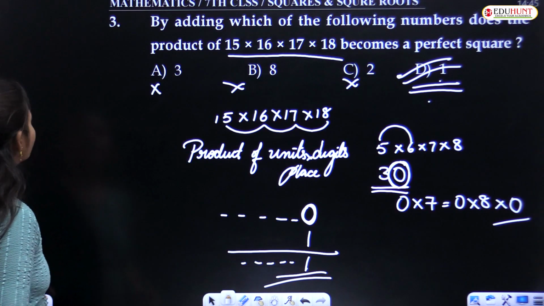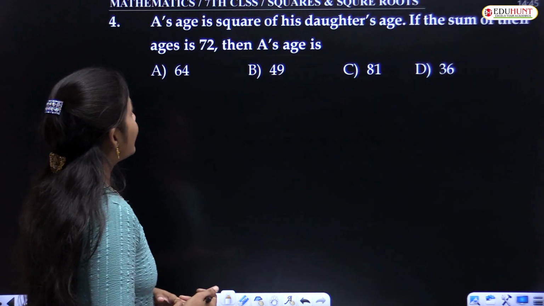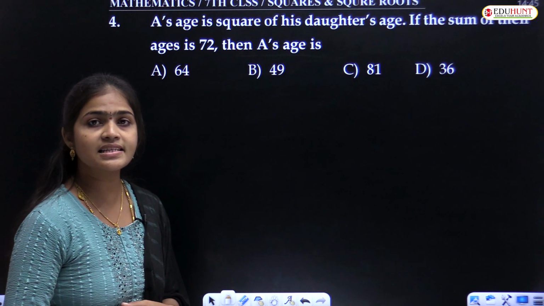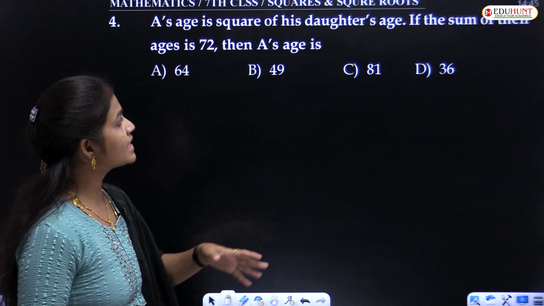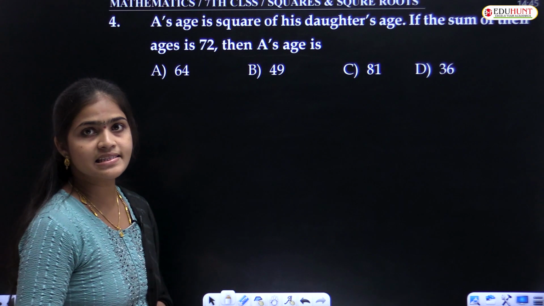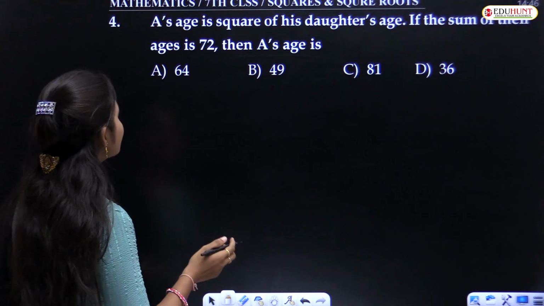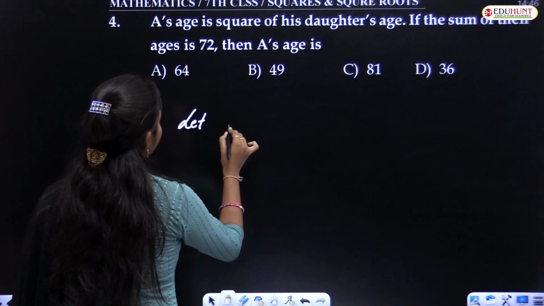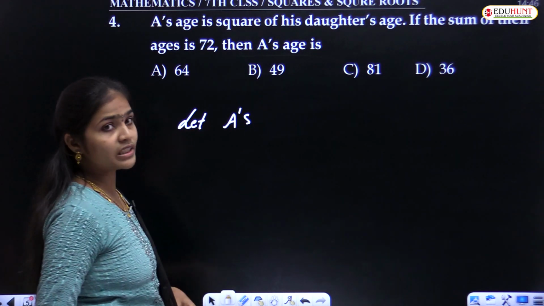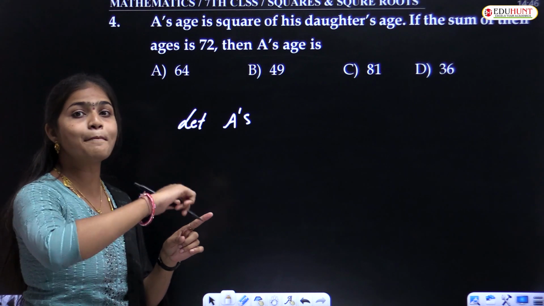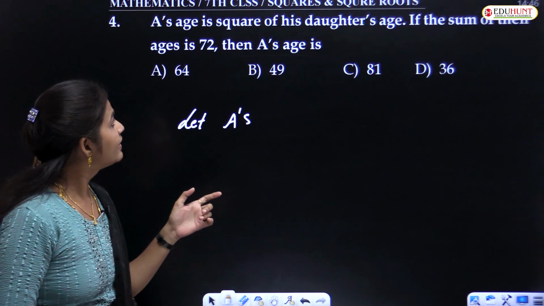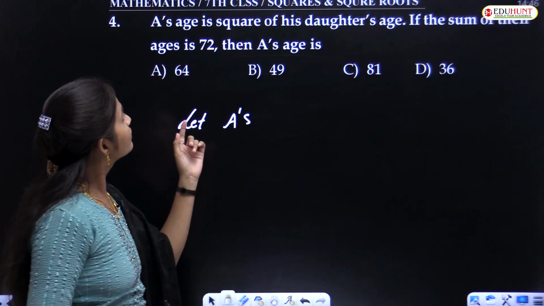Next one. Here, A's age is the square of his daughter's age. If the sum of their ages is 72, then they are asking A's age. So let A's daughter's age be x. Why? Because A's age is compared with his daughter's.